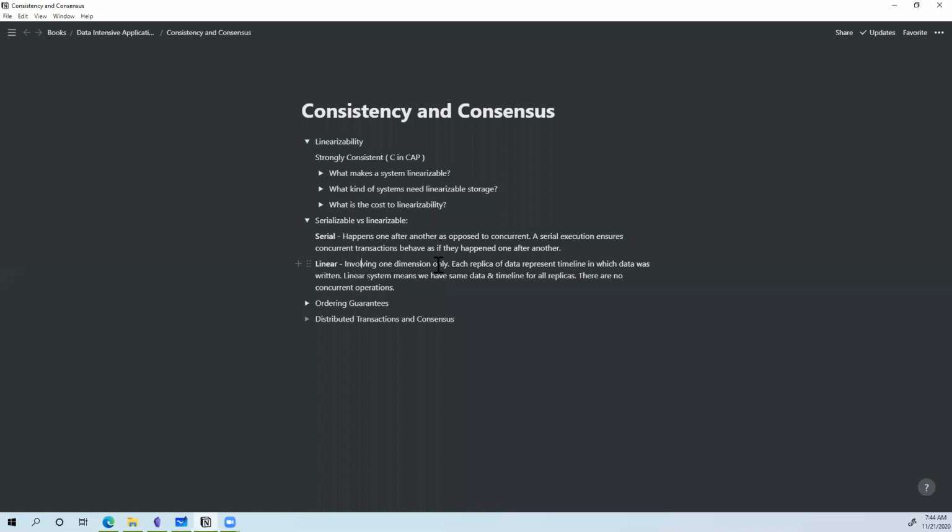So if you think of a replicated system which has replicated nodes, each node of that replicated system might represent a timeline of your data.